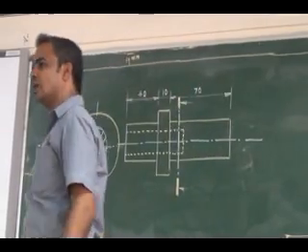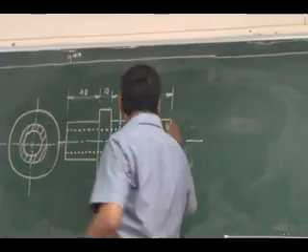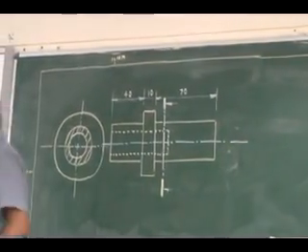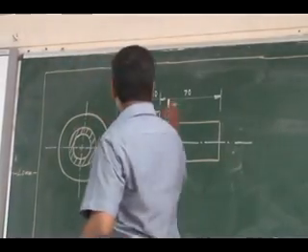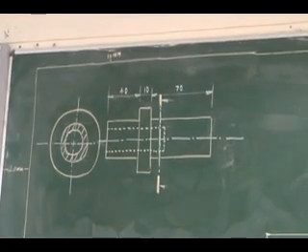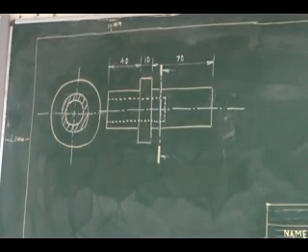So I can draw it up to some portion and terminate it with a zigzag line like this and close it. But the dimension I can show as 700. So this is the zigzag line, the long break line.